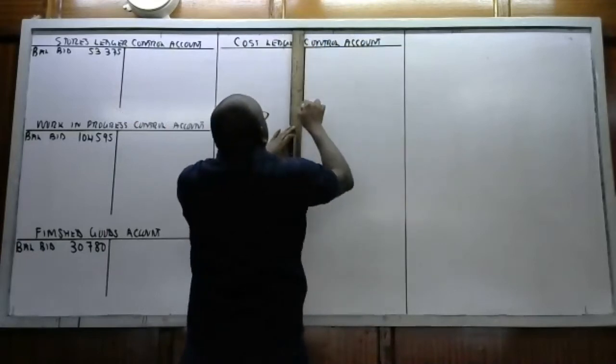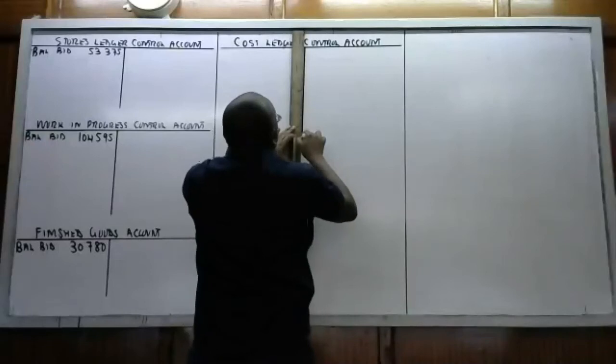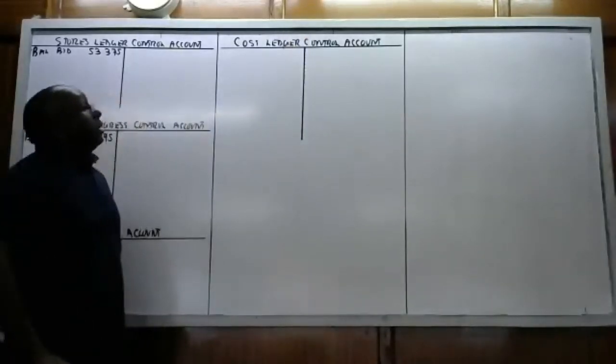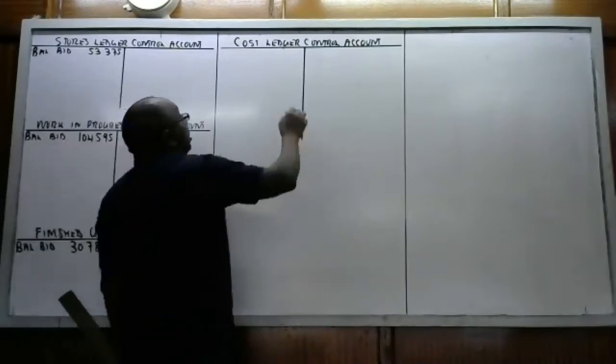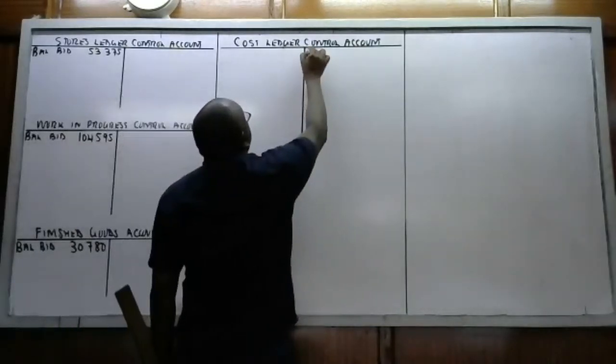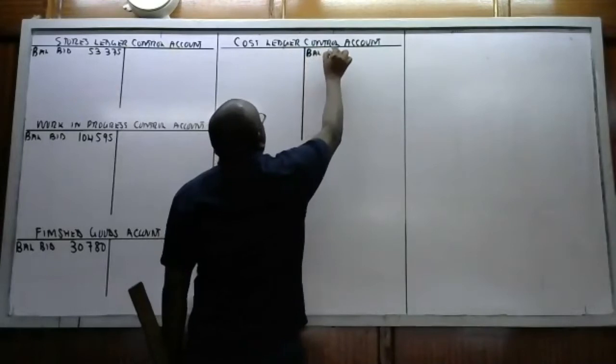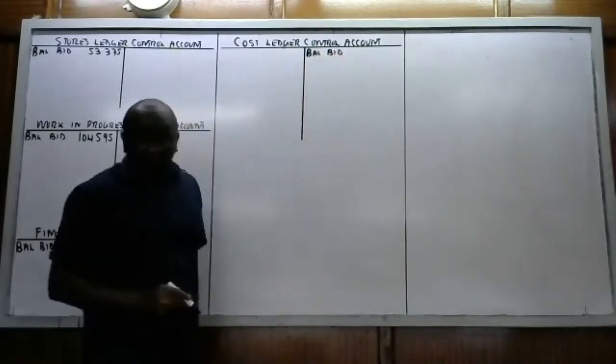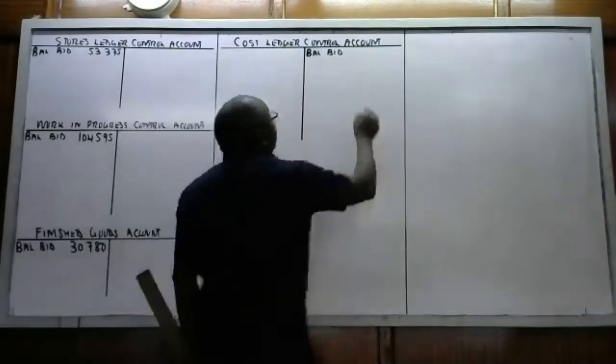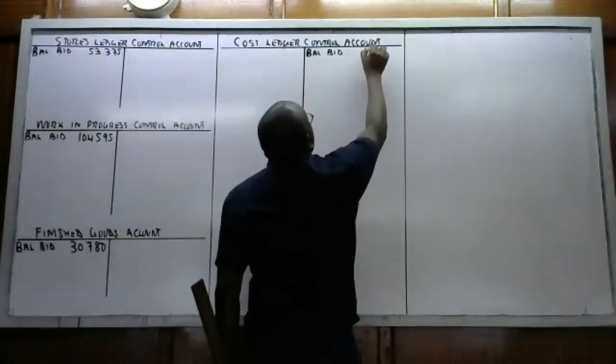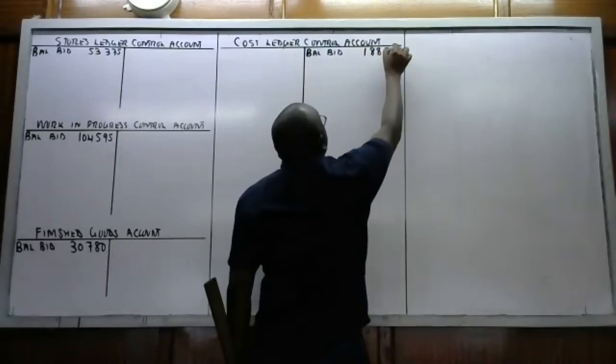You can give it like 10 lines. It is the one that we normally call financial, and it represents the bank. So this one works on a credit balance. So balance brought down is 188,750.